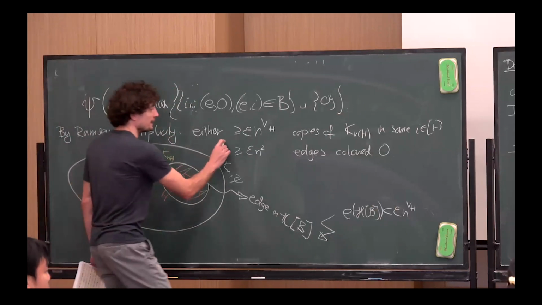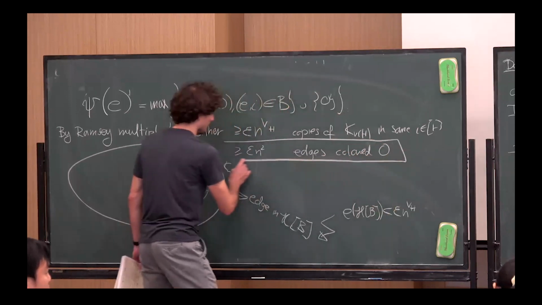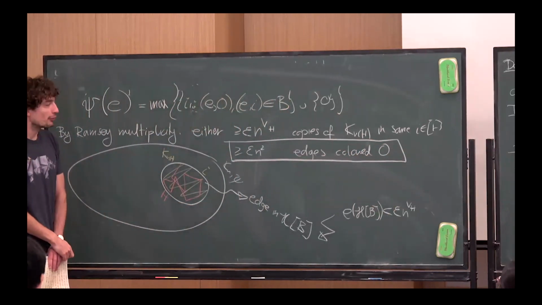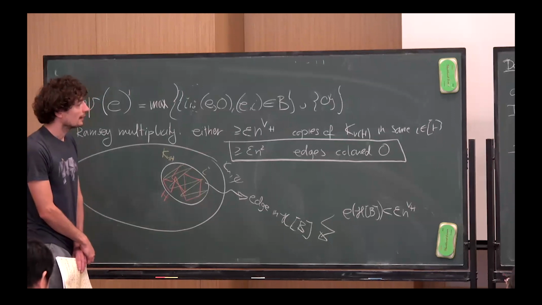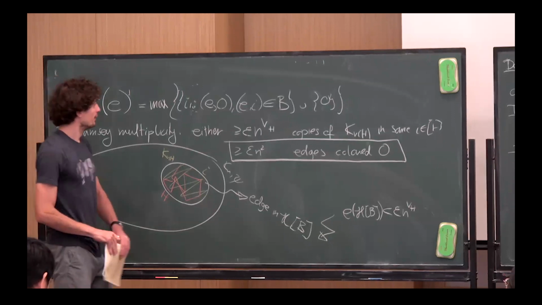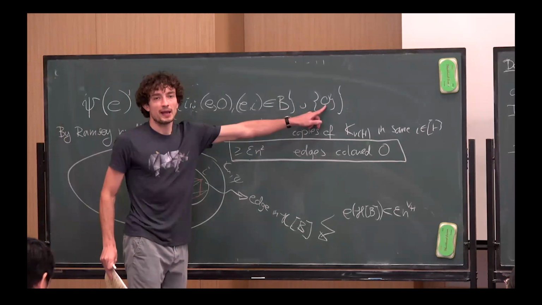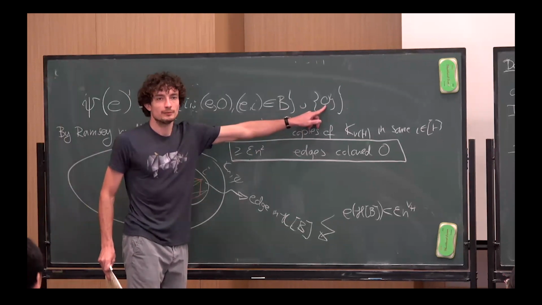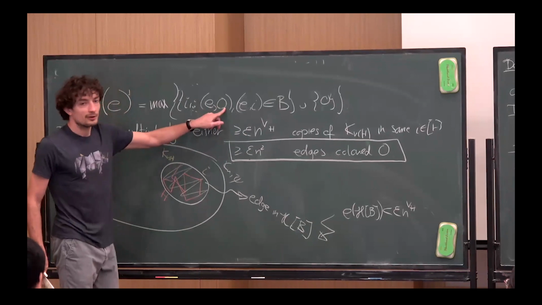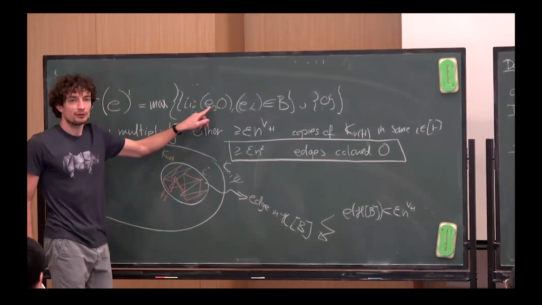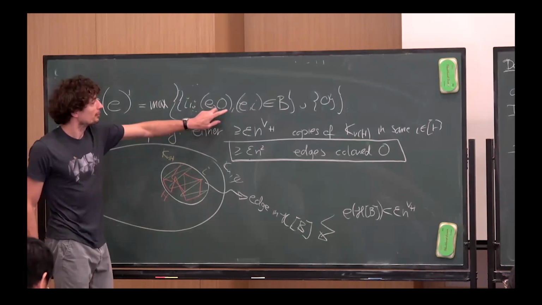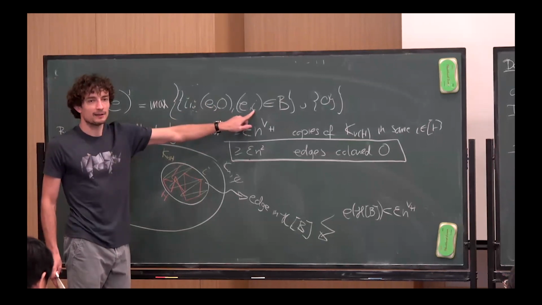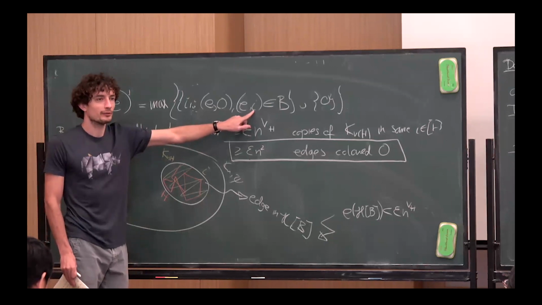Now, it must mean that this holds for a quadratic number of pairs. But what does it mean that we colored some edge of the complete graph 0? Either the color 0 wasn't available for this edge, or it was available for this edge, but then we couldn't find even a single I which was available for this edge.